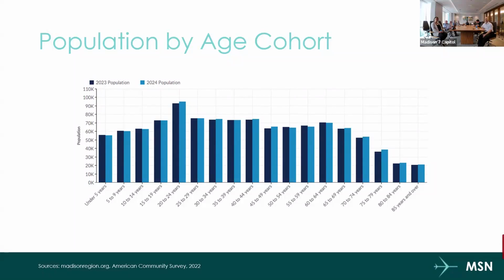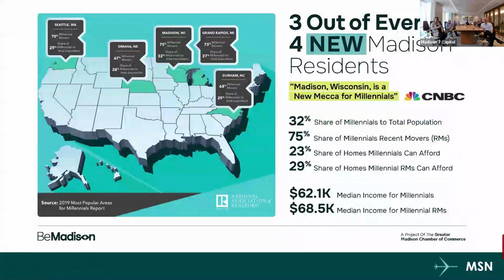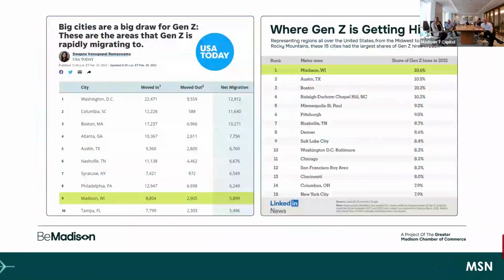Then we get into population by age. We do highlight that Madison is a very young community, and the Gen Z here pretty heavily. So we get into a little bit more detail about Gen Z residents and all the stats behind it: where Gen Z is getting hired, big cities that are migrating into Madison.